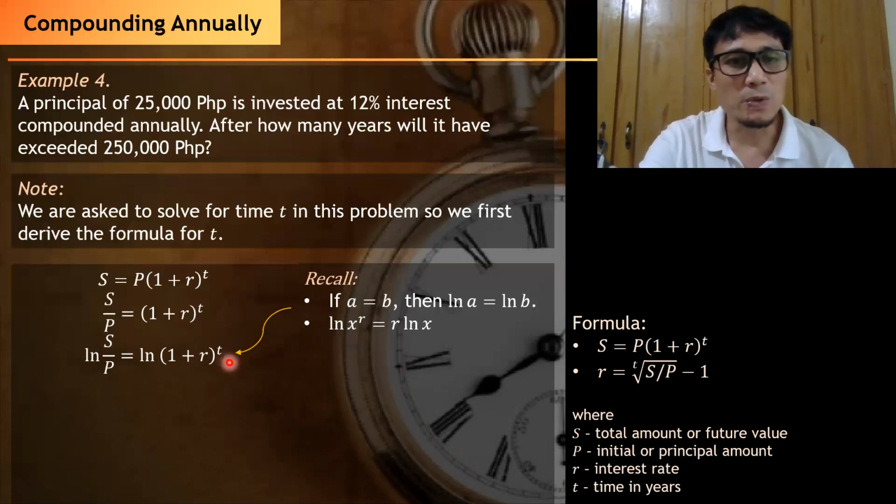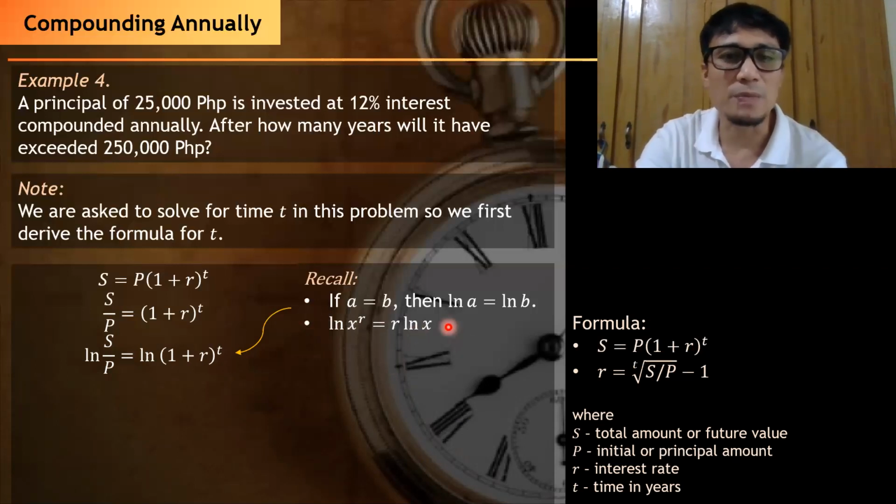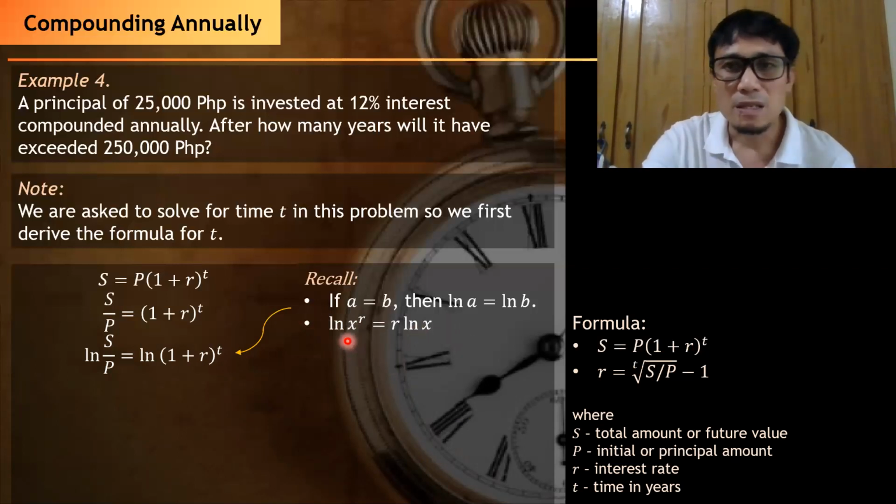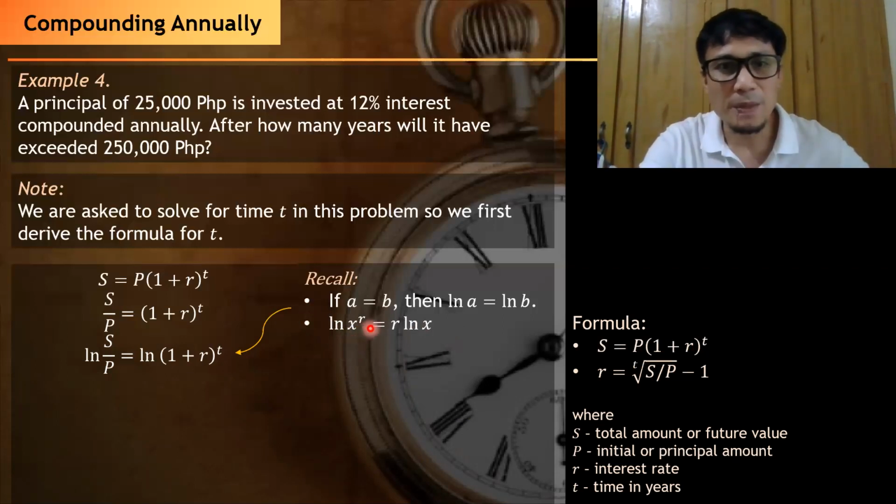So we need to convert that to a non-exponent number. So how do we do that? We can use the second property, because in the second property, if you have ln of x to the r, r here becomes a factor together with ln of x. So see where r went to, right?